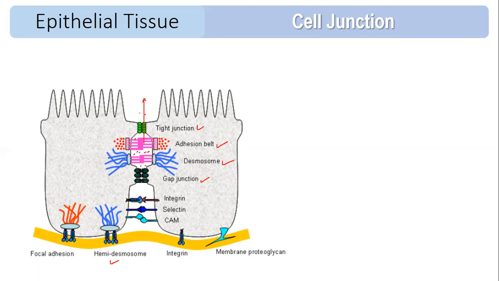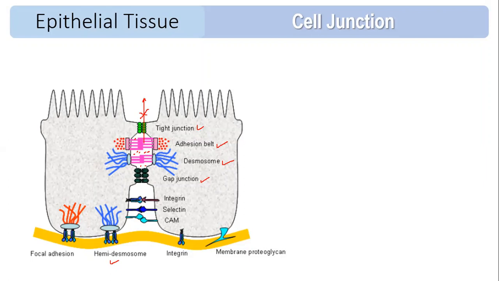So lateral diffusion of molecules, proteins and ions is prevented with the help of the tight junction. They prevent lateral diffusion of proteins, molecules and ions present between the cells, because these molecules have to stay between the cells.